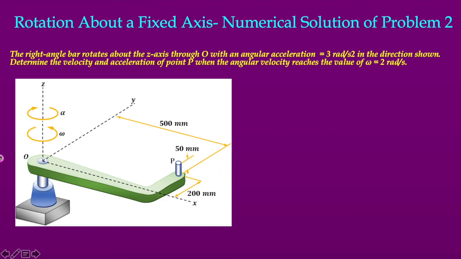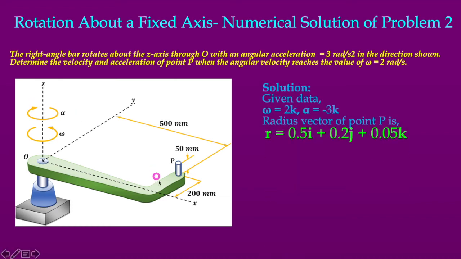Now this mechanism is rotating about this particular axis. If the horizontal plane is considered as the xy plane, then it is rotating in the xy plane. So the vectors angular velocity and alpha are perpendicular to this. So this is the direction. Now let's calculate the position vector of this point P. Let's consider this the x direction, this y, and this the z direction.